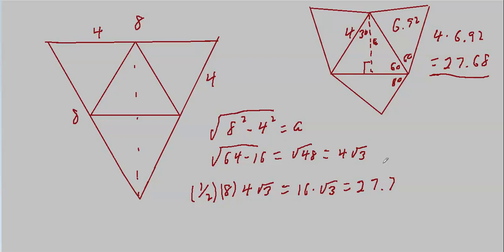27.7. If you actually try this, you might get a slight difference in the hundredths column. That's just because of round-off error using square roots. Kind of depends on how you carry things through. But they are equivalent. You could take these, add them up individually, as badly as that looks, or if you drew it more correctly, you might recognize that, oh, it's just one big triangle.